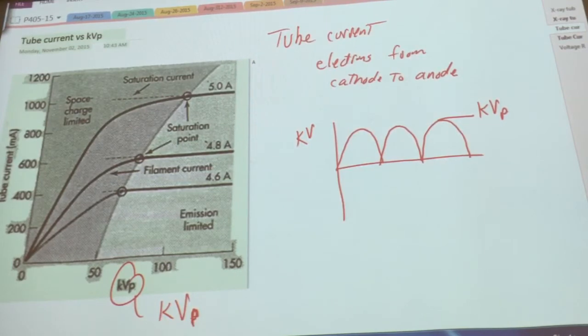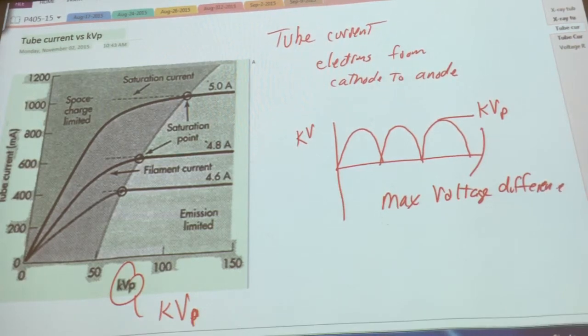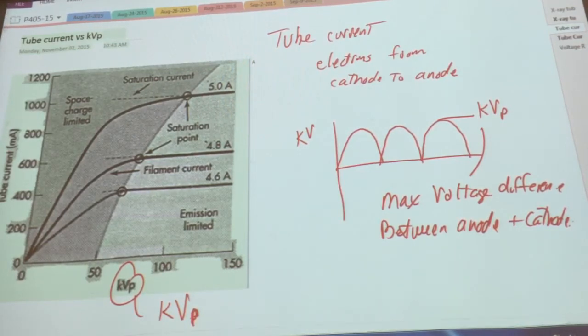And this is the voltage difference between the anode and cathode. That max voltage difference is what's actually accelerating the electrons.